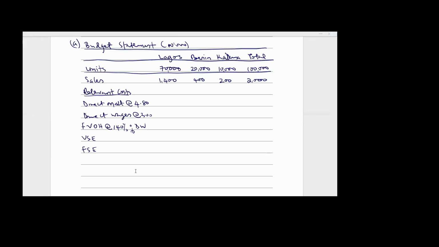Let me rewrite this material. 6,720. 70 multiplied by 4.8 is 336. Then 96.